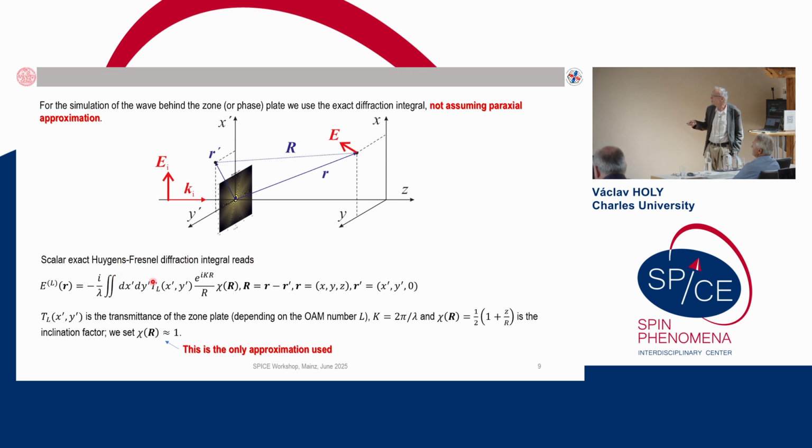This is the transmittivity of the zone plate. This is the inclination factor. You know it from the textbook. And I did it by brute force, that means I did it exactly. The only approximation was that the inclination factor is 1. That means the angle between the incoming beam and the diffracted or transmitted beam through the zone plate is small, and so the inclination factor is 1. This is the only approximation that I used.